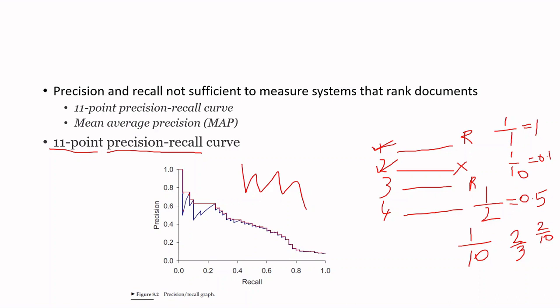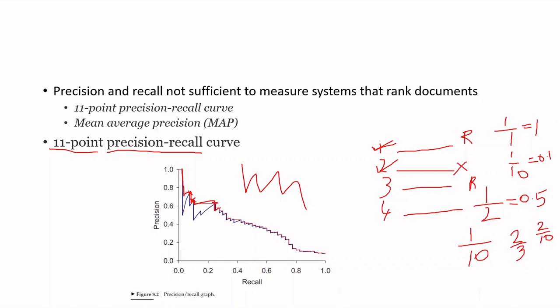And as the recall moves to a higher value, this is the highest precision at this particular recall value. So you find the highest precisions at different recall values, and then you smooth out this curve like this. That is the interpolated precision we are talking about.